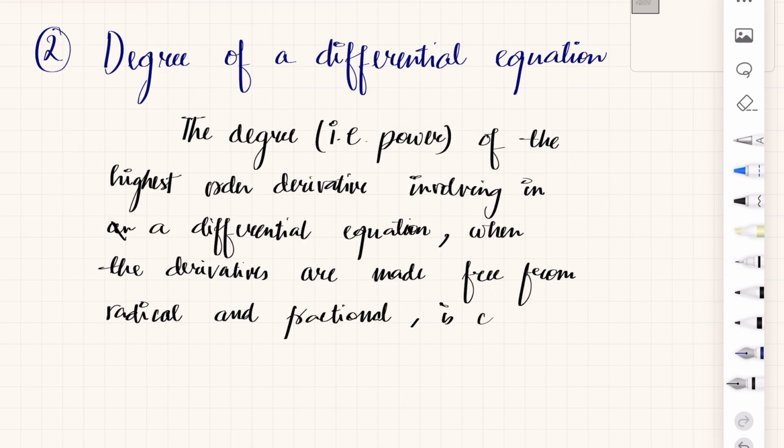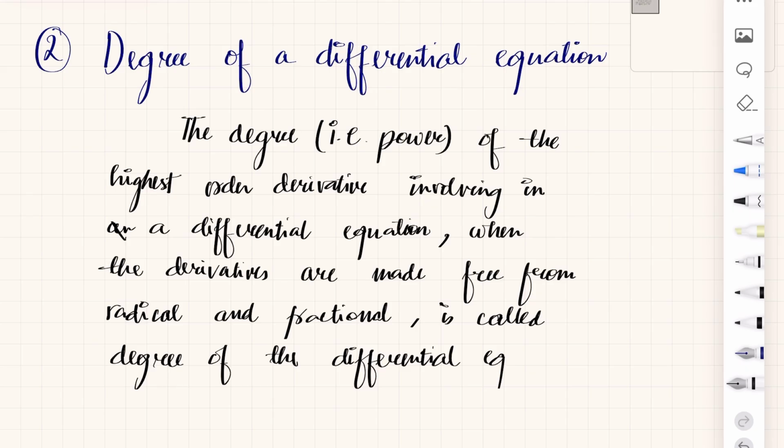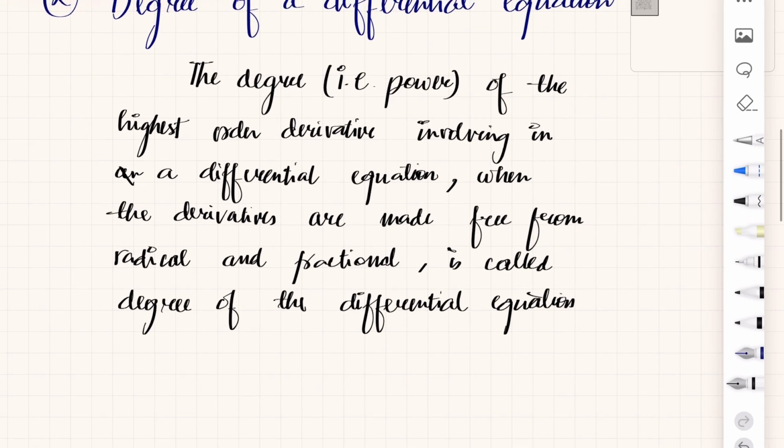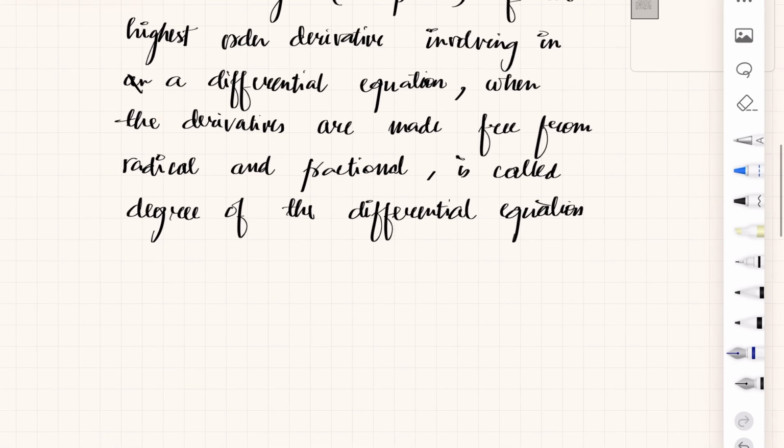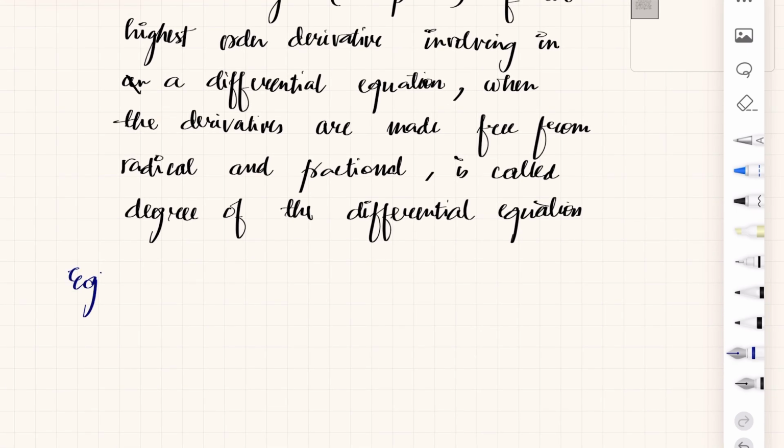Only after that is it called the degree of the differential equation. Got it? So here let's see an example. Only after that can we understand properly. What is the example? I'll give a simple example.